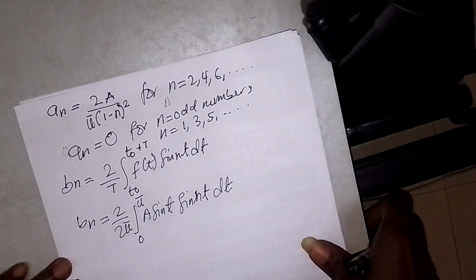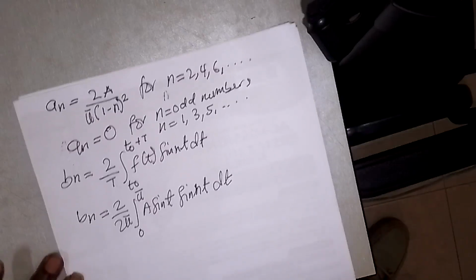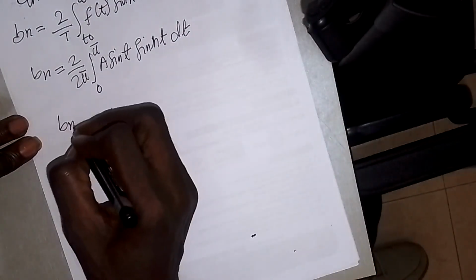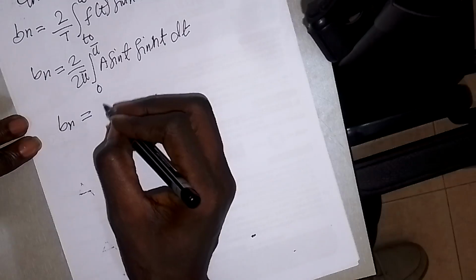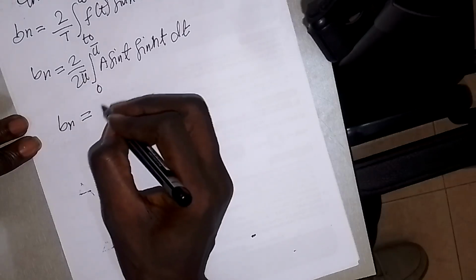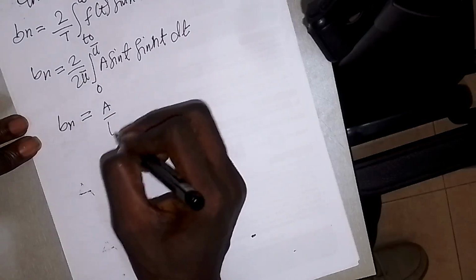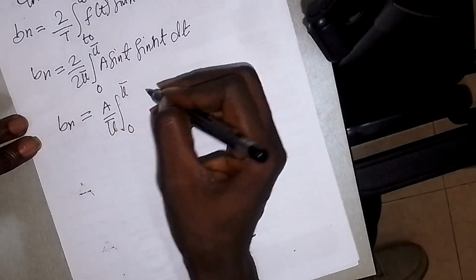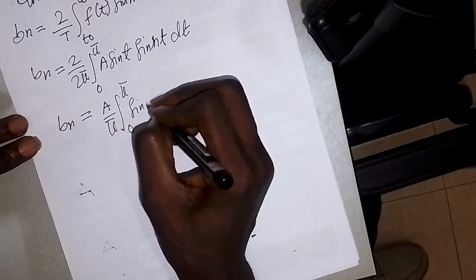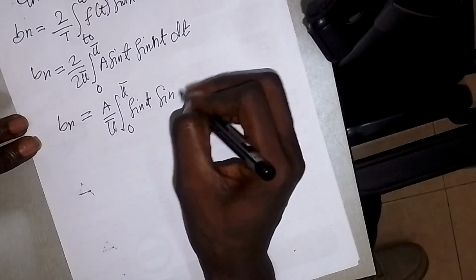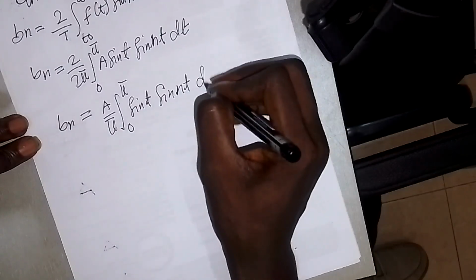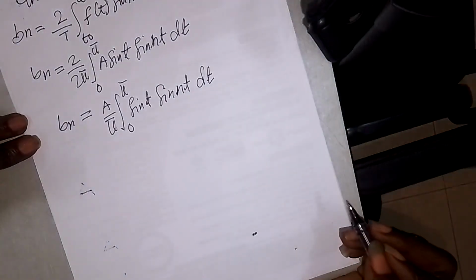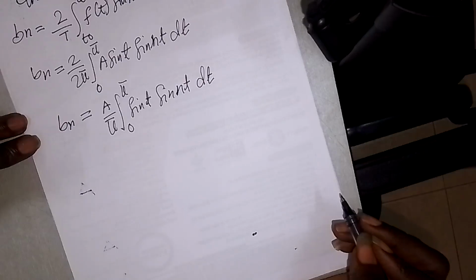So this is what we're going to have. Bn is equal to a on pi into the integral from 0 to pi of sine t sine n t dt.